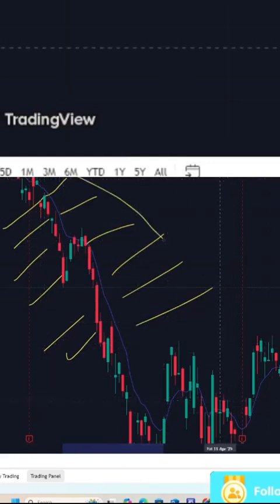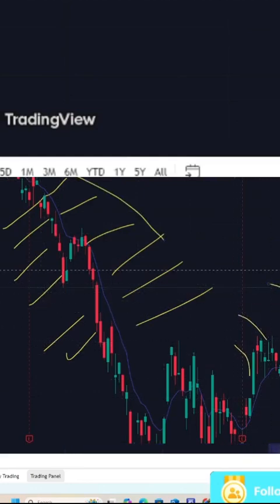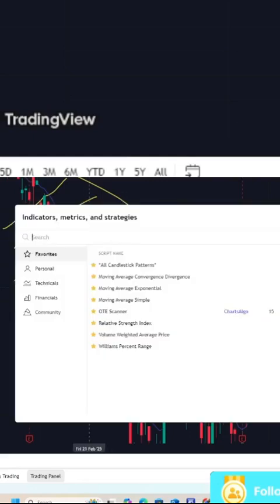Whereas whenever the price now is crossing above the moving average, which is the blue line, stock is bullish. That's the way it's been working sometime, my friend.